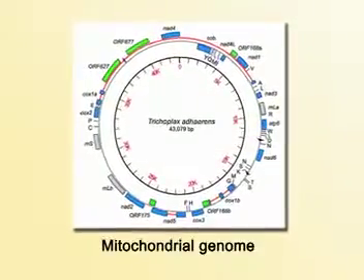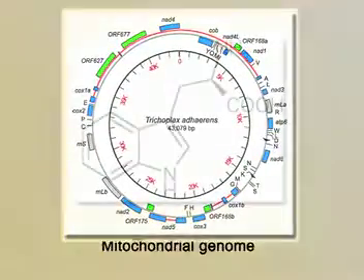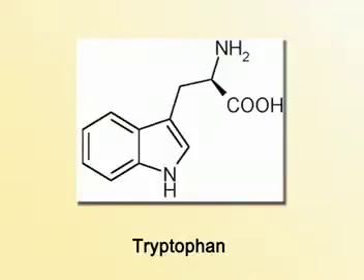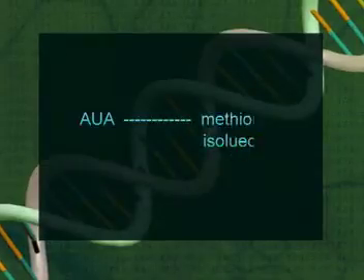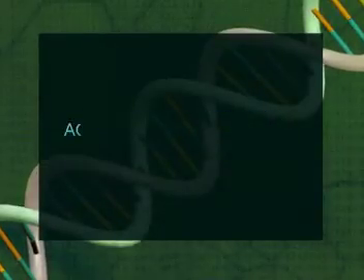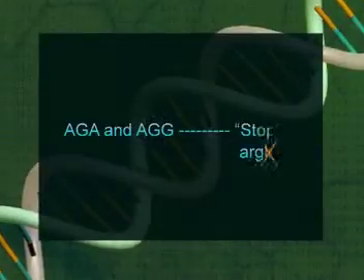In the mitochondrial genomes, what should have been a stop codon, UGA, read as the amino acid tryptophan. AUA was read as methionine rather than isoleucine, and AGA and AGG were read as stop rather than arginine.